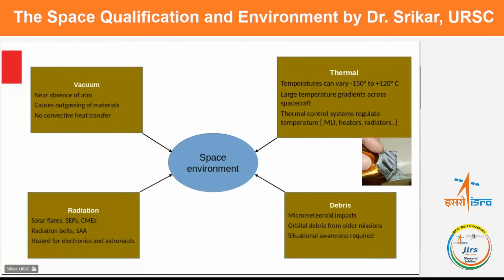What it entails is that certain materials can outgas, because once the temperatures are high enough and the vacuum is good enough, you can expect that there are some trapped gases.